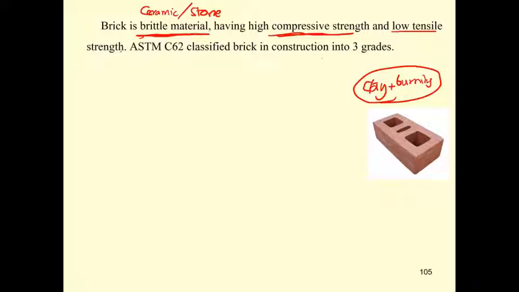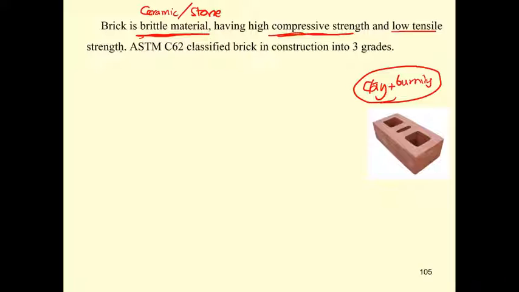ASTM C62 classifies the bricks into 3 grades. In the US, they build houses with brick. Some brick must be used for a retaining wall, retaining the soil.